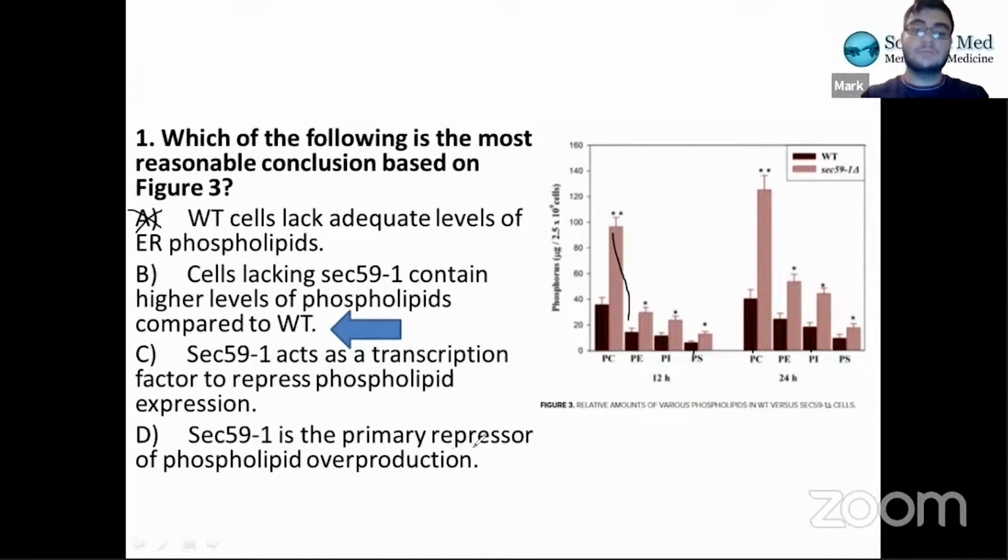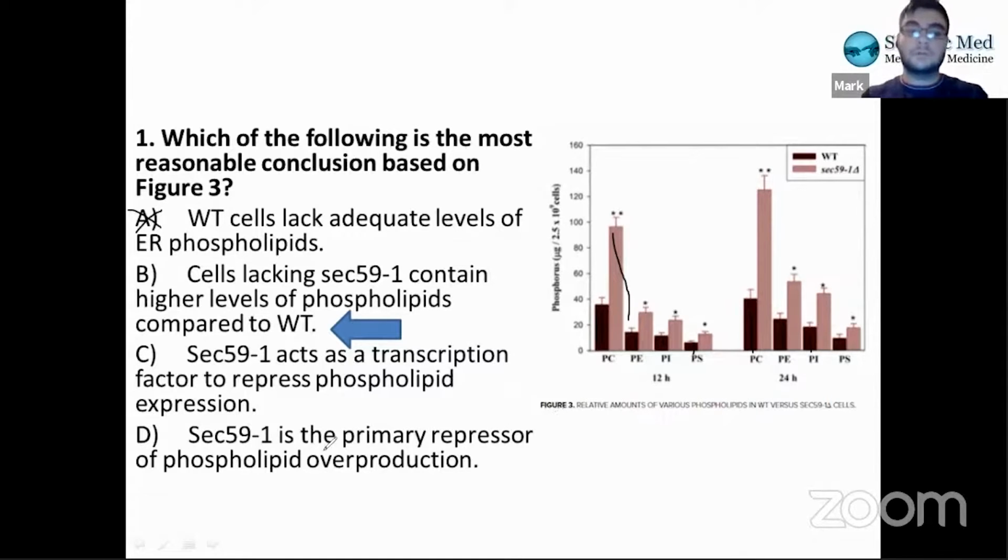D: Sec59 is the primary repressor of phospholipid overproduction. Again, that it represses phospholipid overproduction, which makes sense because once you get rid of it, you have overproduction. So yeah, that's a plausible explanation, maybe.